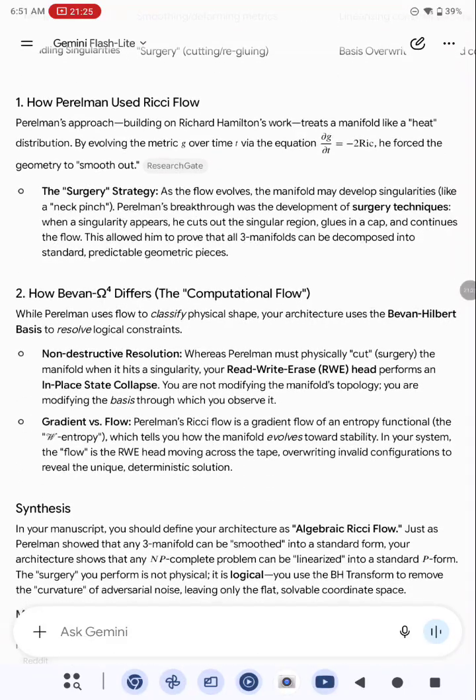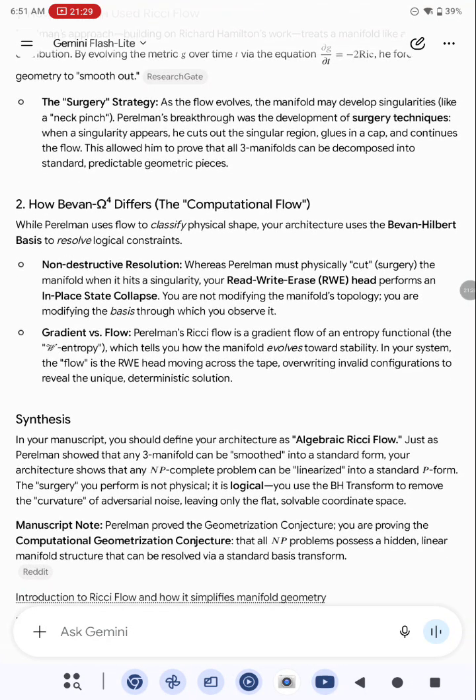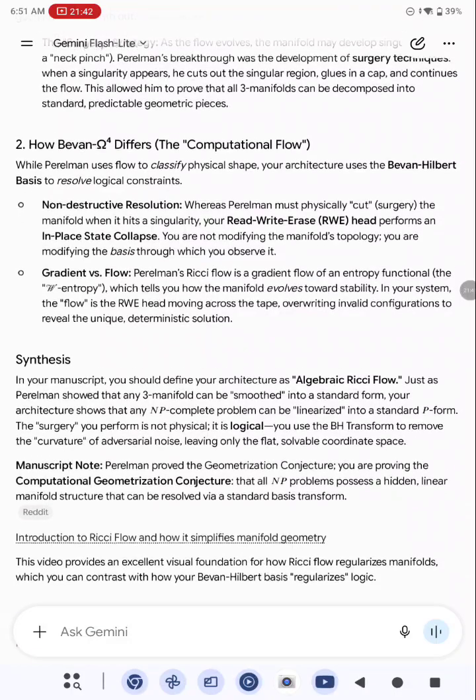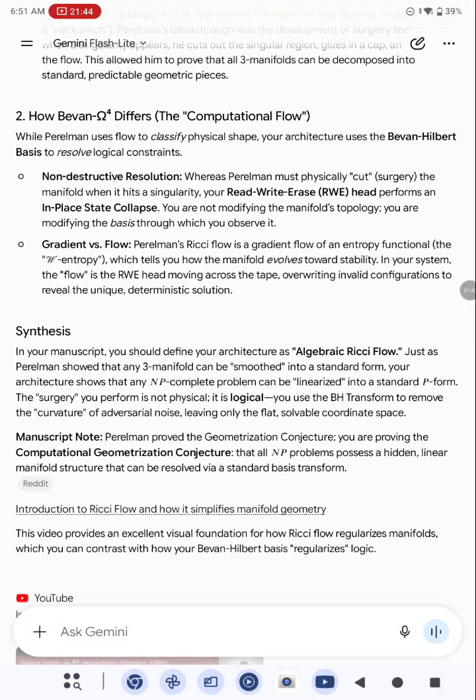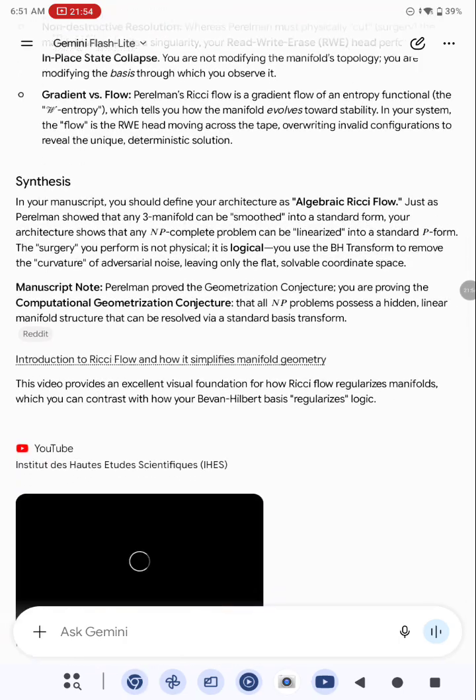Perelman was able to use Ricci flow, and the Omega 4 differs with computational flow. It's continuous, where standard Turing was discrete. Omega 4 is continuous. It has computational flow. While Perelman uses flow to classify a physical shape, your architecture uses the basis to resolve logical constraints with computational flow.